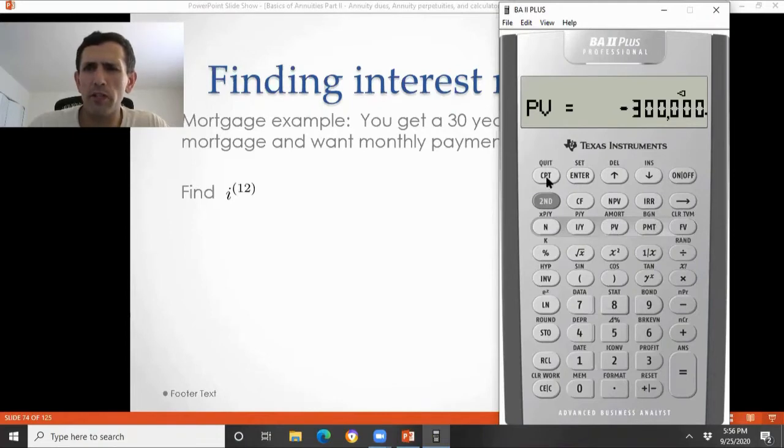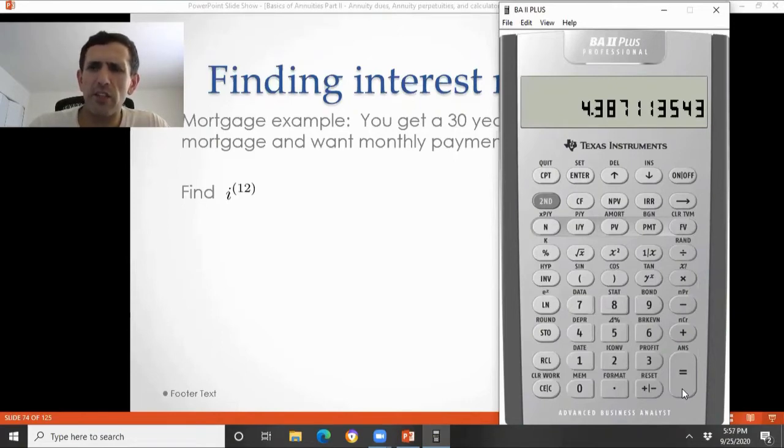So what we're going to do is compute I/Y, and we get 0.03655929795. Multiply by 12 to get 4.38711.